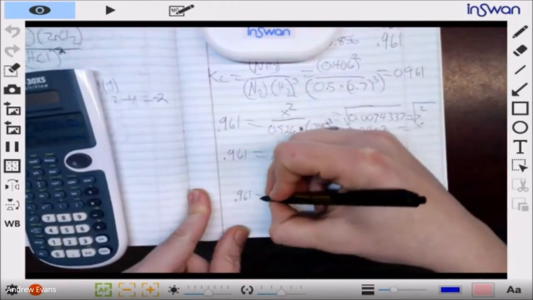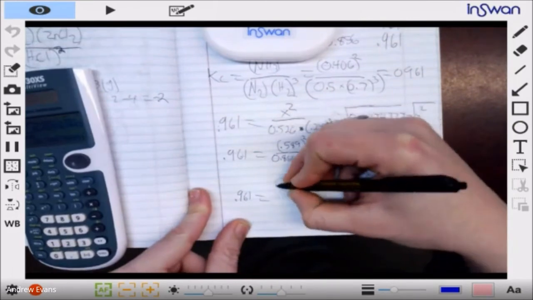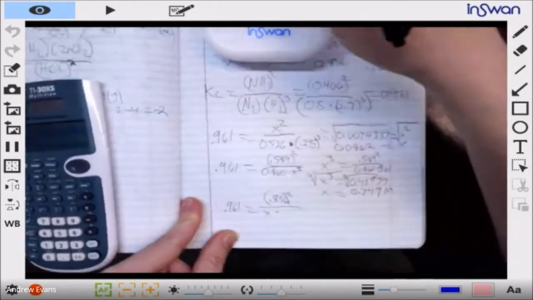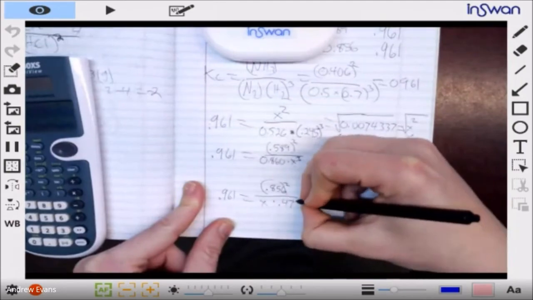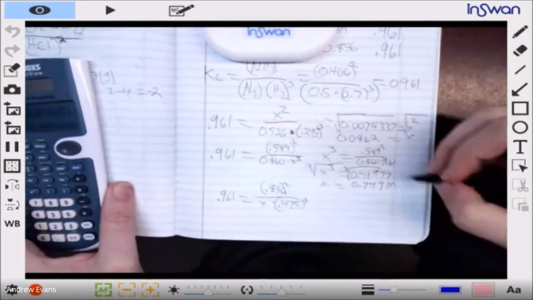Last one. 0.961 equals 0.856 squared over x times 0.475 cubed. Once again, get the x by itself.